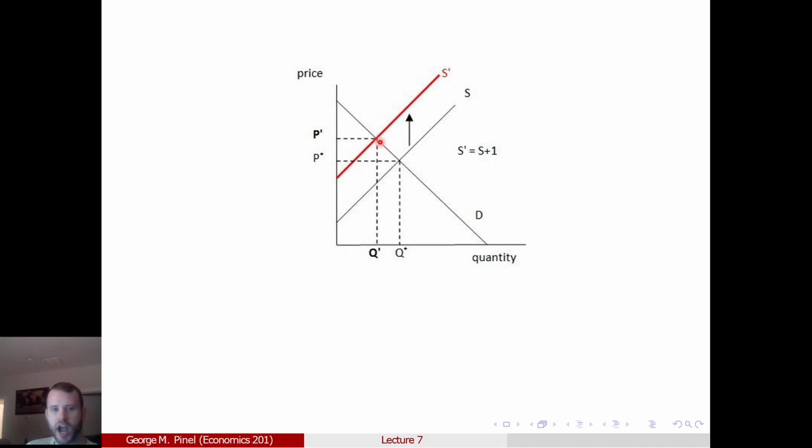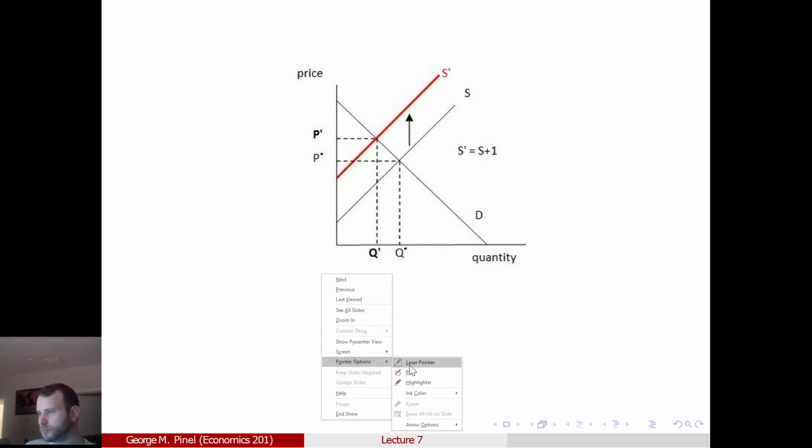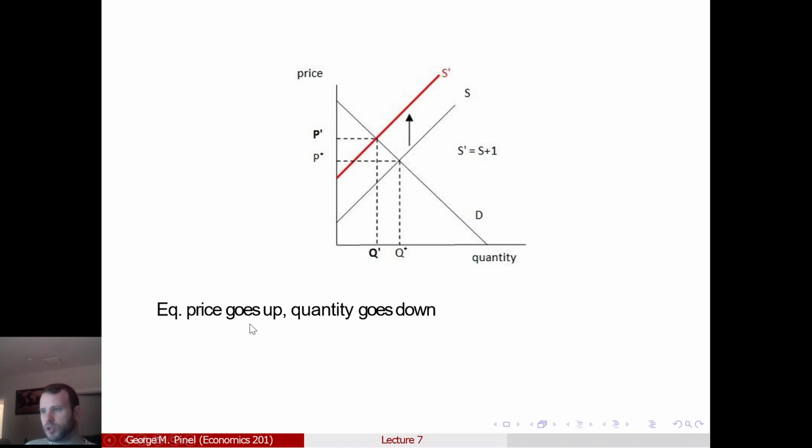So higher price, lower quantity, because the supply curve is effectively shifted up, or you could say it's shifted in as well. The equilibrium price has gone up from P star to P prime. The equilibrium quantity has gone down from Q star to Q prime.